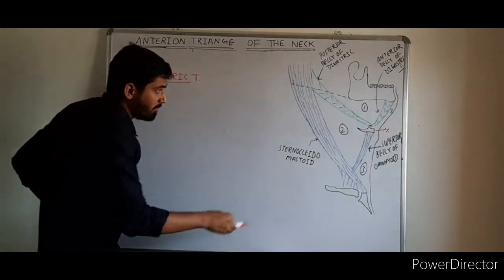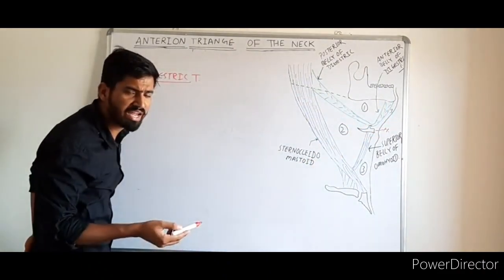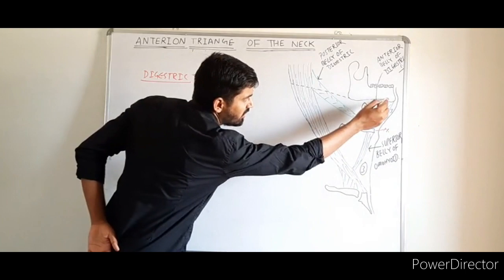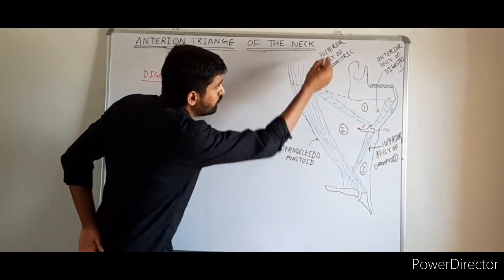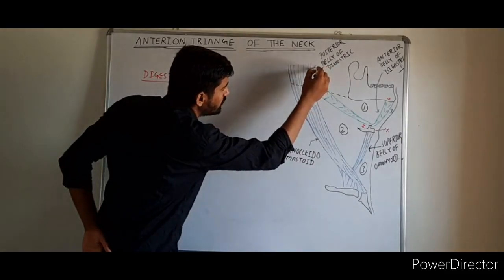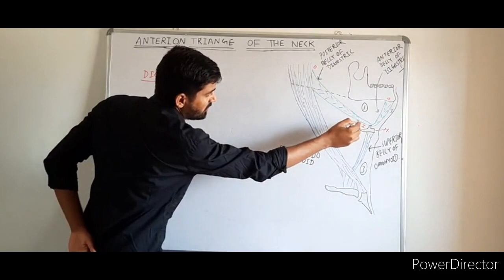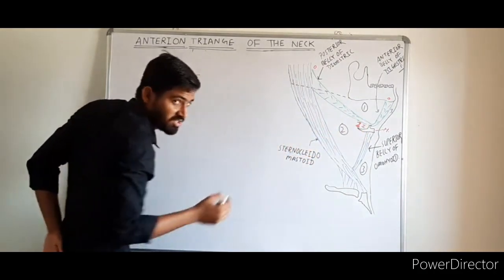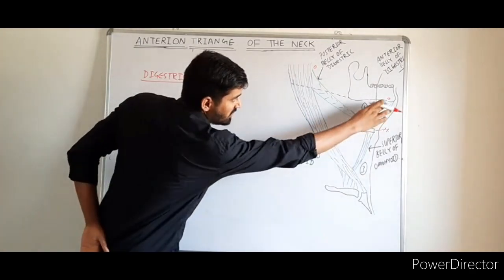Now, this is the anterior belly of the digastric. So what is the origin of the anterior belly of the digastric? From here origin and from here insertion. Posterior belly of the digastric, origin from here and insertion from here. So the insertion is a common tendinous structure. Now this is how we have to write.